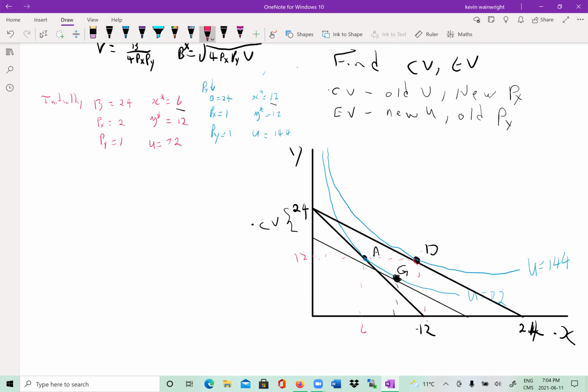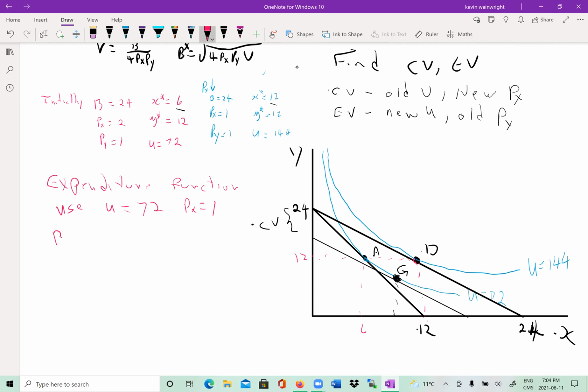So then I use my expenditure function. Okay. And it'll give me the budget needed for the new budget line. So I'm going to use U equal to 72, PX equal to 1. So that's a new price and the old utility.